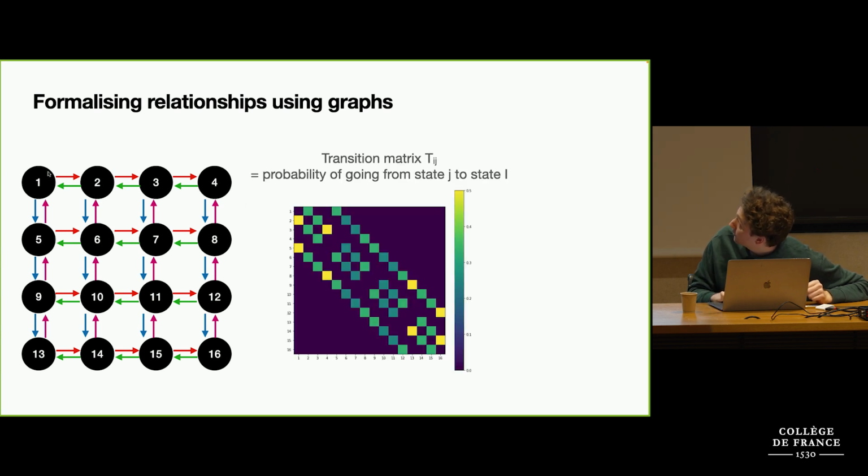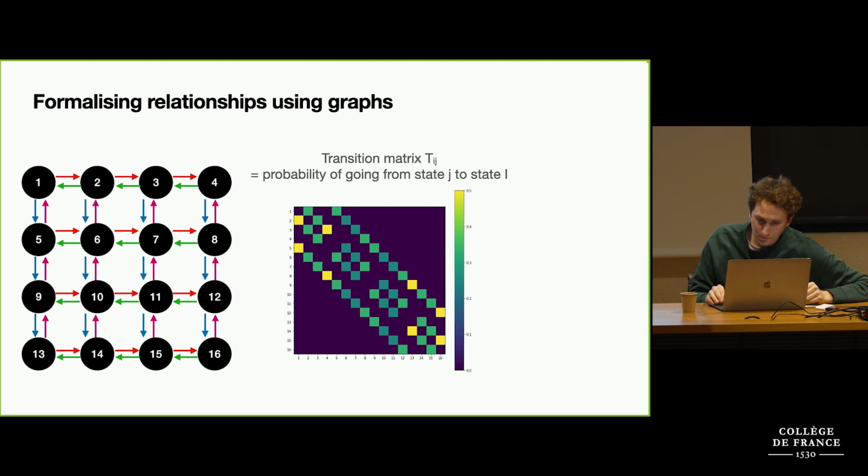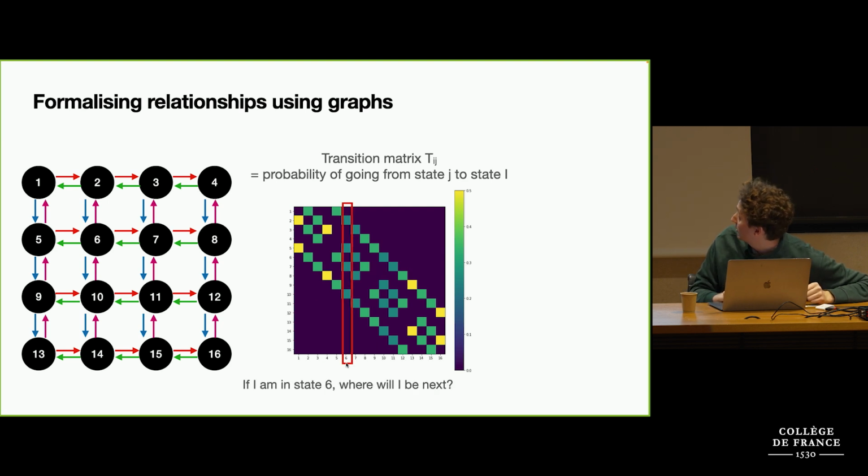We can see that number 1 is connected to number 2 and number 5. We're just saying, who am I and who are you connected to? For example, number 6 is connected to 2, 5, 7, and 10.